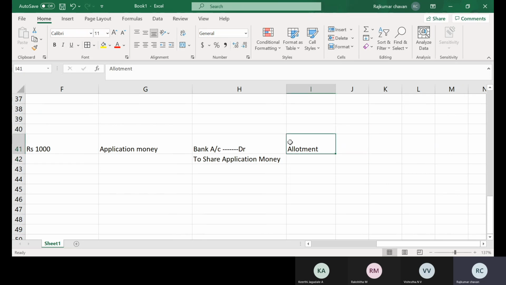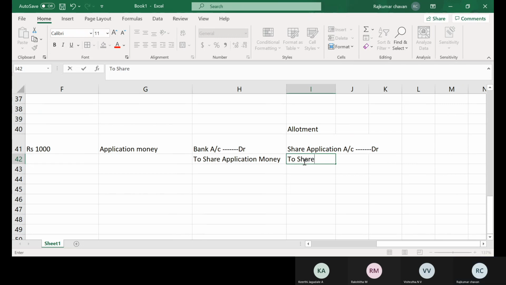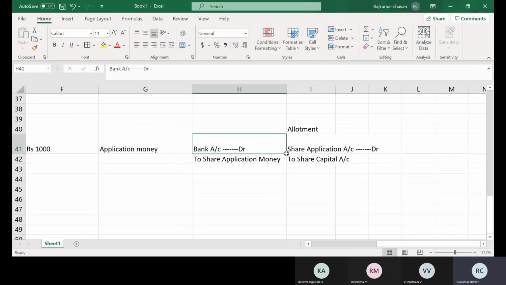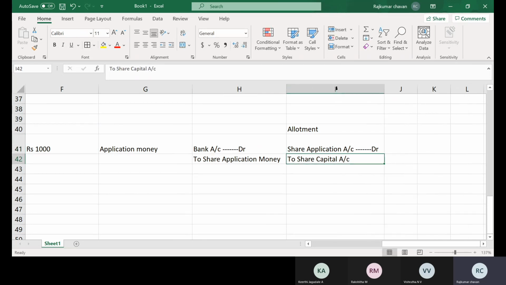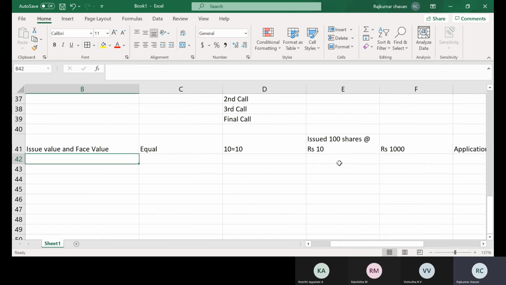Whatever share application money we have received will be transferred: share application money account will be debited, basically to share capital. So in our share capital account, we received 1000 rupees. Done. Is that clear?